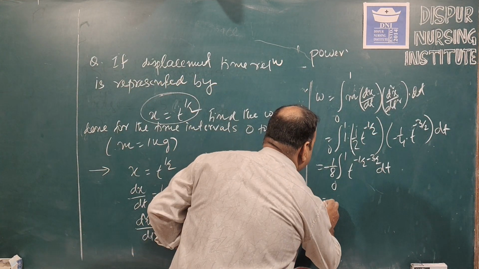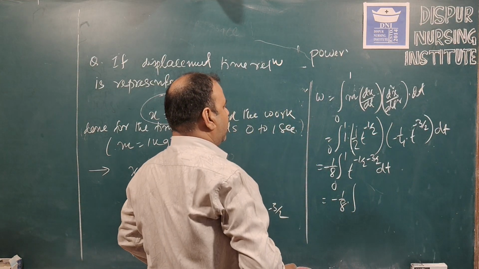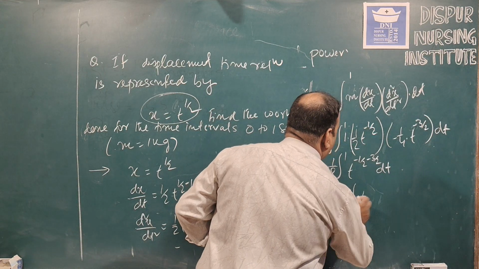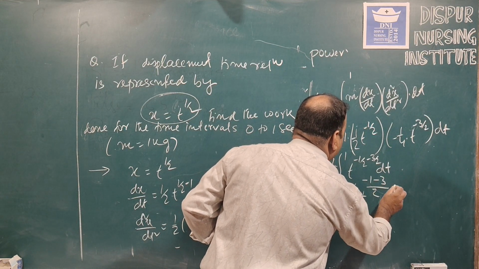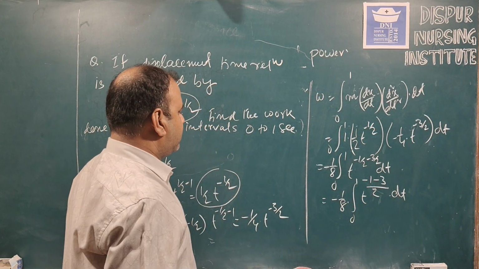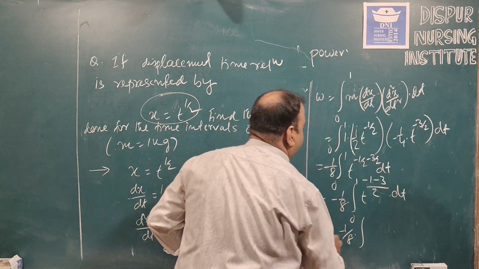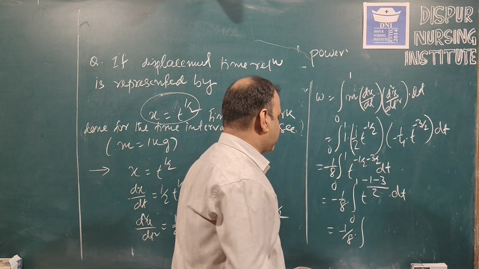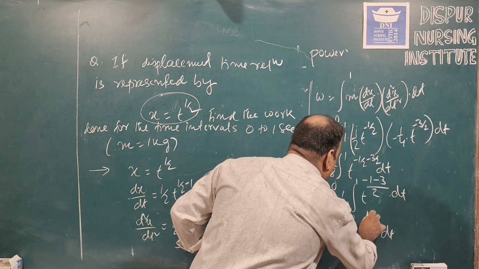So minus 1 by 8, the integral of t to the power, taking LCM 2, minus 1 minus 3, dt from 0 to 1. So minus 1 by 8, and minus 1 minus 3 is minus 4, divided by 2 it will be minus 2. That means t to the power minus 2 dt, from 0 to 1.